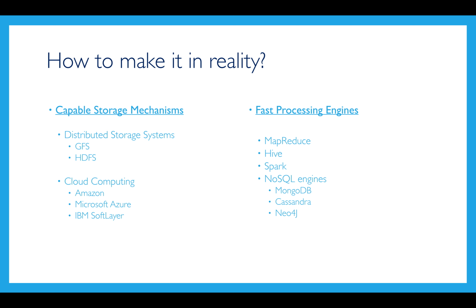GFS stands for Google File System, which Google uses internally to store data. HDFS is the Hadoop Distributed File System, currently used by almost all companies who want to store and process big data. It is one of the hugely used examples of distributed storage systems.